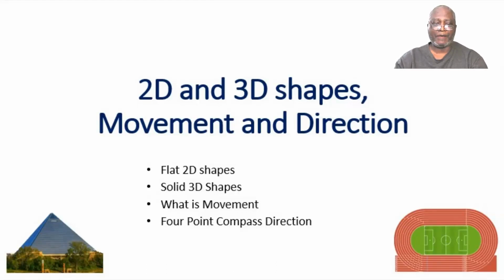2D shapes are flat and 3D shapes are solid. It's got volume. What is movement? Movement is about direction, moving from point A to point B and how you decide on your movements.